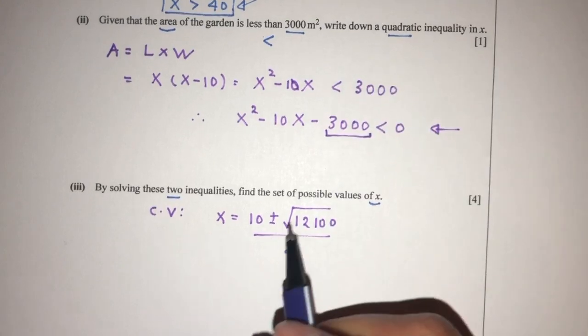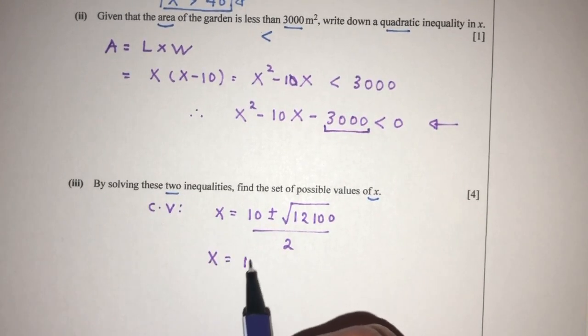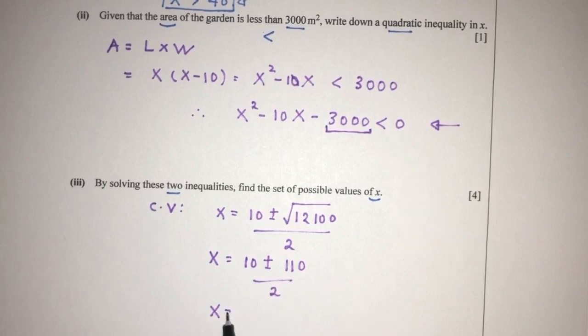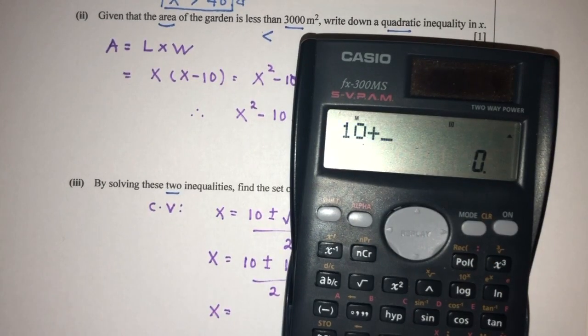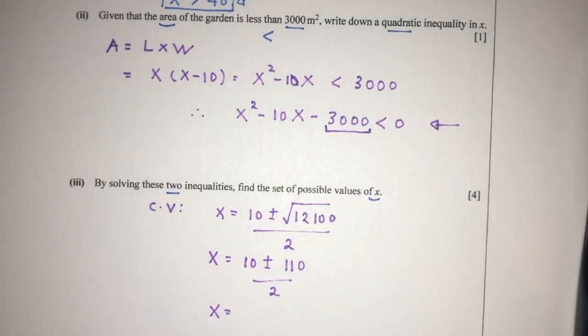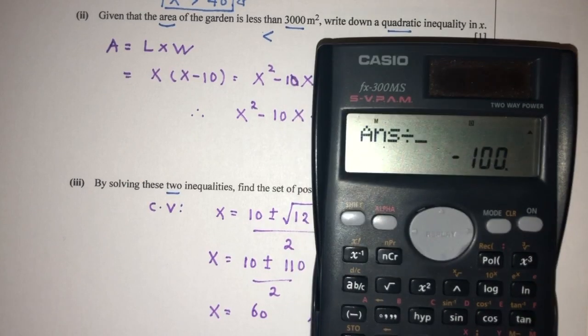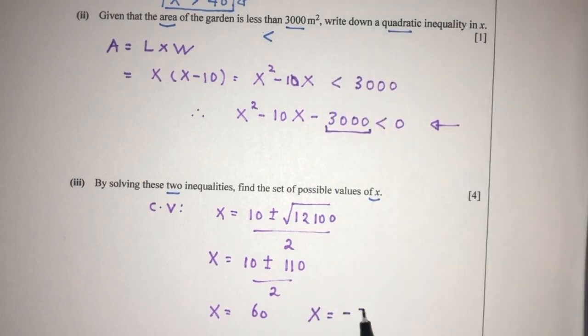That should be 110. So basically x is 10 plus or minus 110 over 2. x can be 10 plus 110 divided by 2, which is 60. Or it can be 10 minus 110 divided by 2, that will be minus 50.